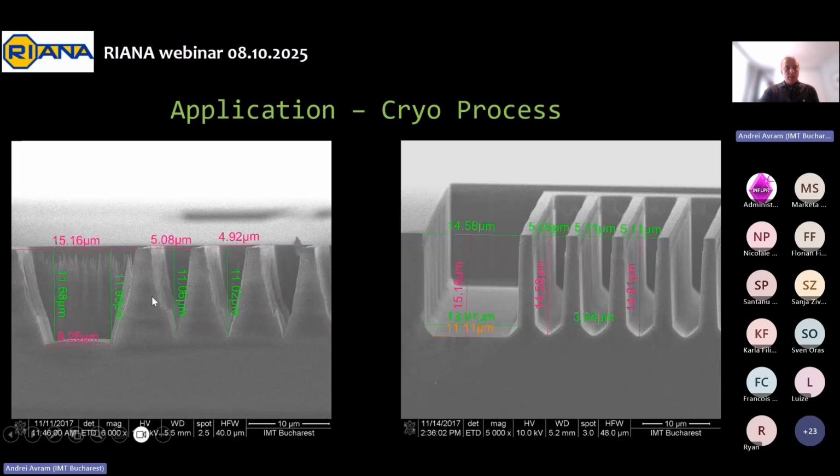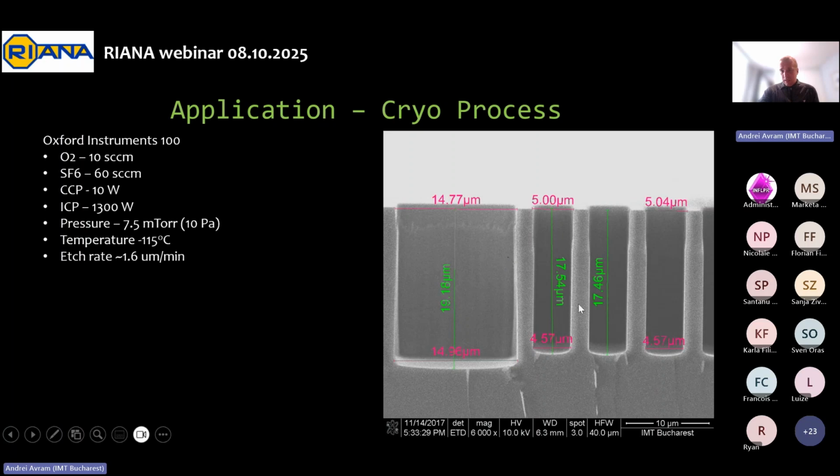So you have this example, which is a high concentration of oxygen. Then you adjust the concentration of oxygen, you can get shapes like this. And in the end, if you adjust your recipe accordingly, you can get very, very perpendicular walls and structures.